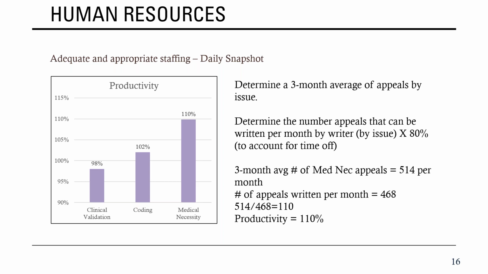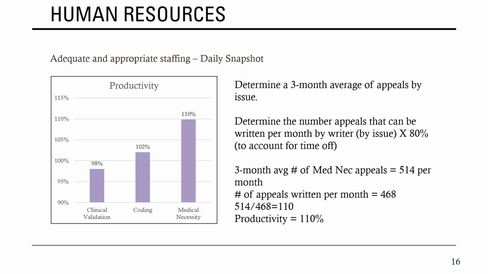I know that my staff can write 468 medical necessity appeals per month. So 514 coming in, 468 going out, makes my productivity for my medical necessity appeal writers 110%.